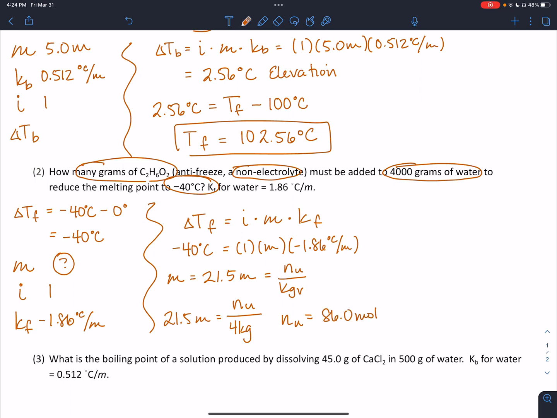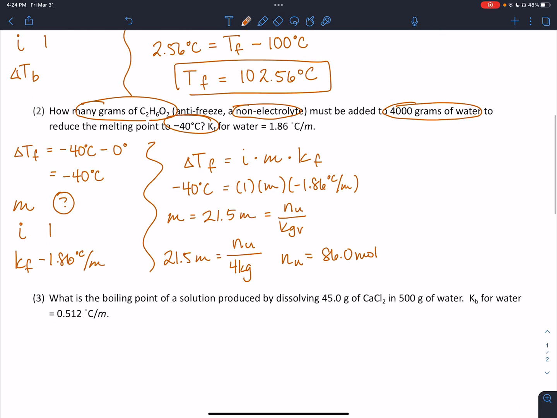That is a lot. All right, last step, I want to know grams. So I'm going to take the moles of my solute and convert those to grams. Using my periodic table, I know that 1 mole of C2H6O2 has a molar mass of 62.08 grams.